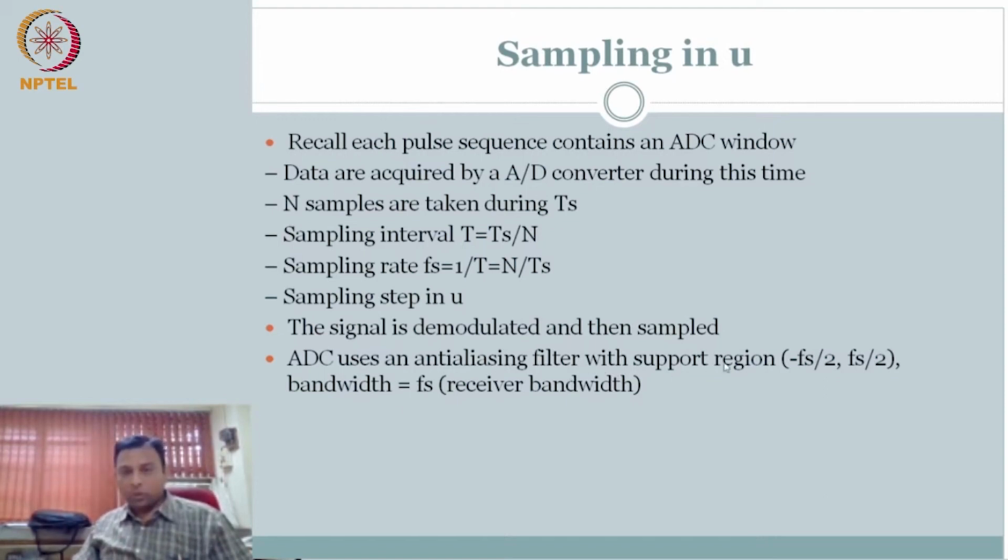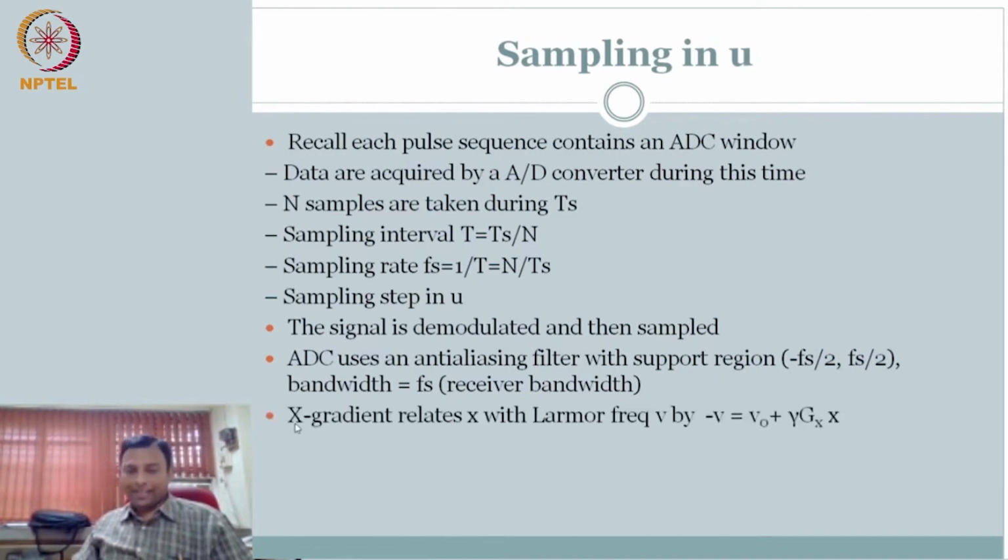So anti-aliasing you do with support of Fs by 2 plus Fs by 2, meaning your bandwidth is Fs. You have to be sampling better than that so that you don't lose any information. So your ADC should have an anti-aliasing filter with a frequency bandwidth corresponding to your received bandwidth. This Fs can be obtained from here. Fs is 1 by T, so all this is coming from there.